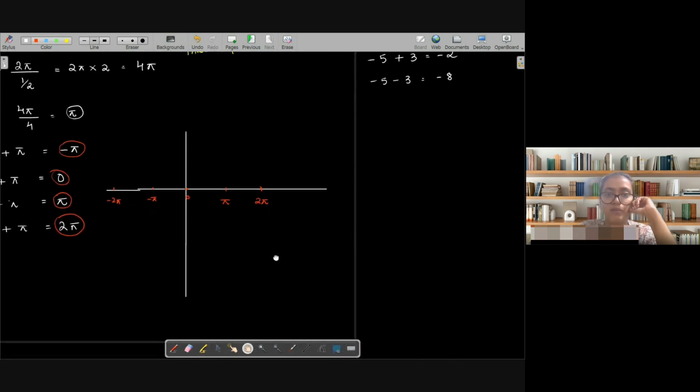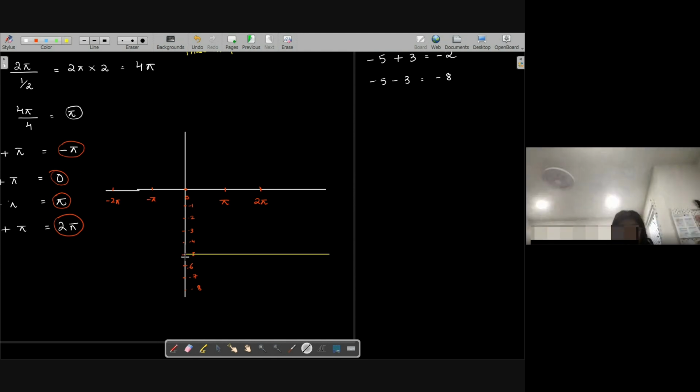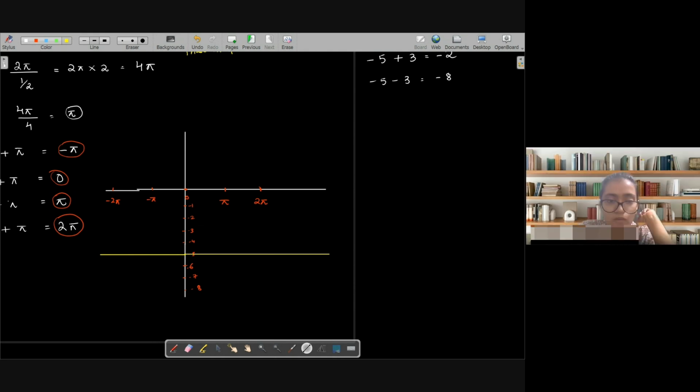So we'll go all the way up to -8: -1, -2, -3, -4, -5, -6, -7, -8. The graph will be centered around this line. The maximum value will be this, and the minimum value is -8.